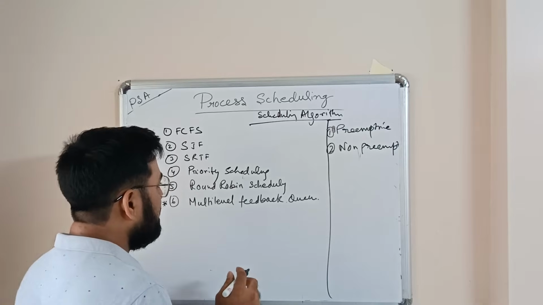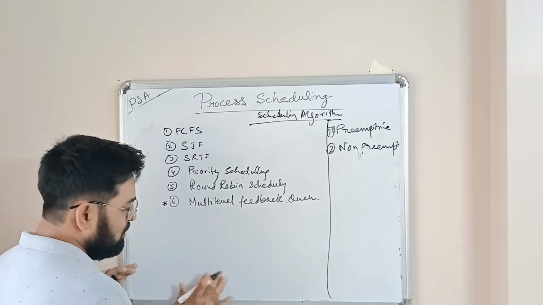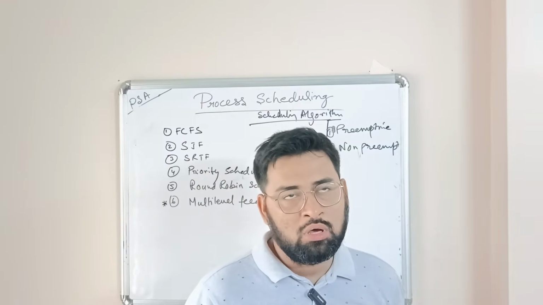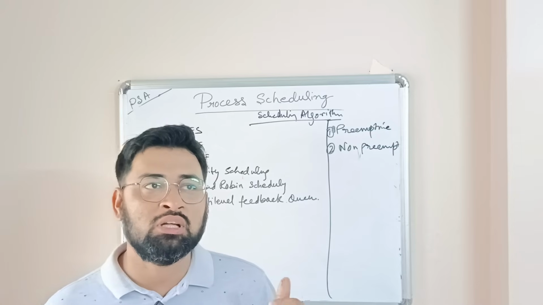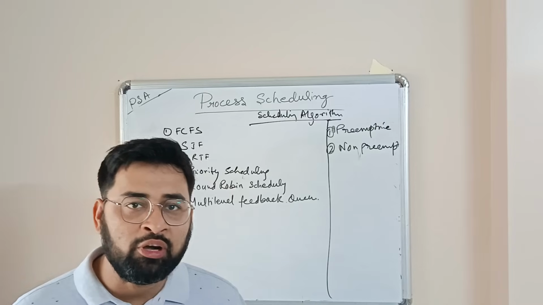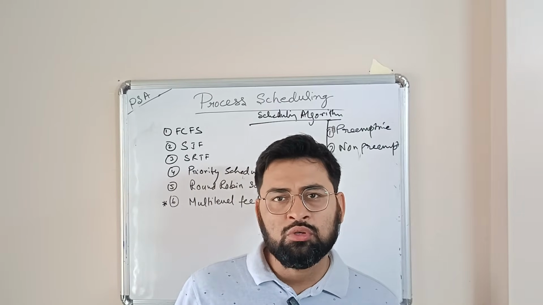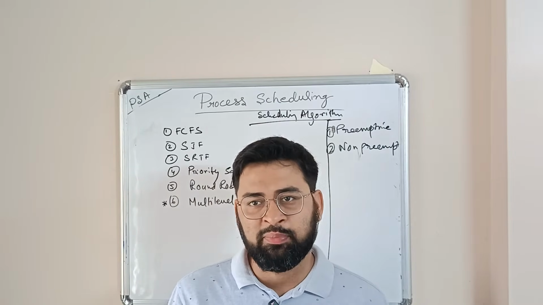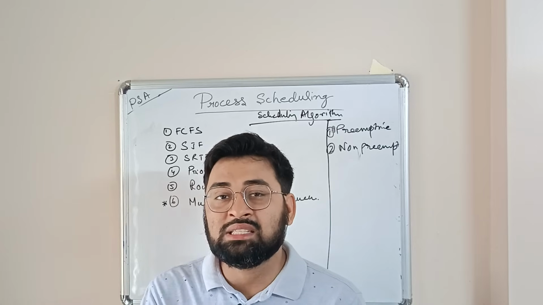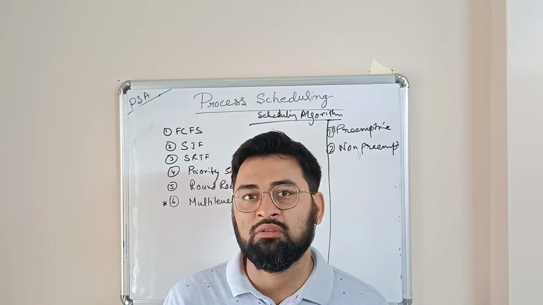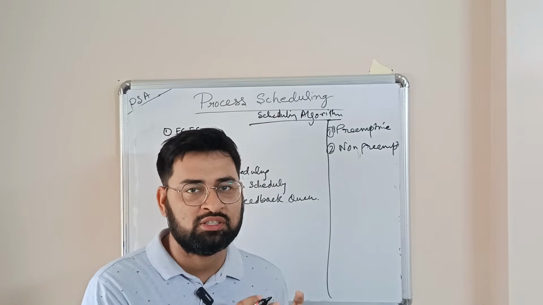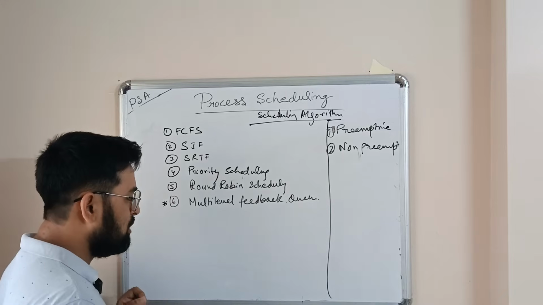Now you can see these 6 algorithms will decide how efficient the system can be. Which algorithm has the maximum or minimum turnaround time, maximum or minimum waiting time. So you have to calculate those things. You can expect some theoretical questions from this section, but maximum questions will be asked in the form of numericals. So maximum numericals you may expect from this section, that is process scheduling algorithms.